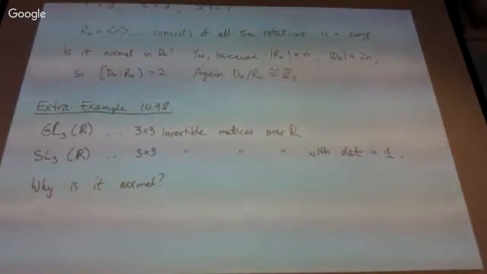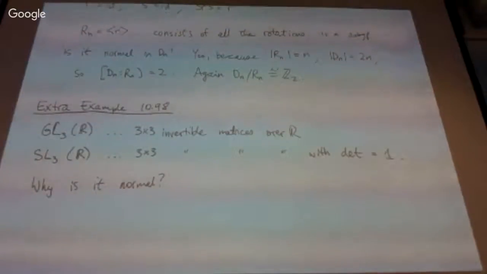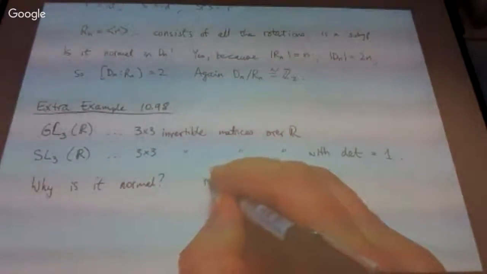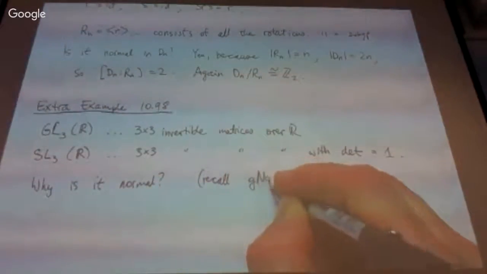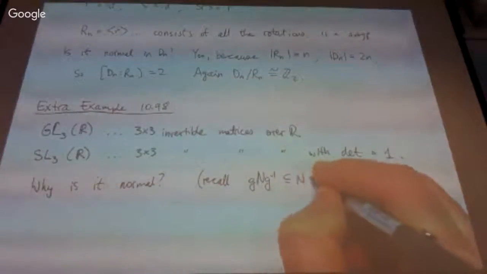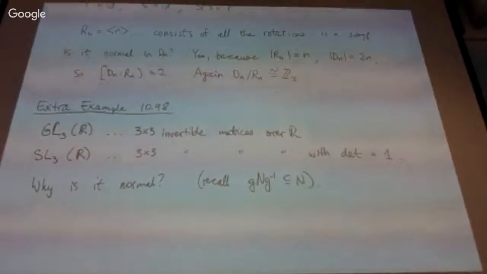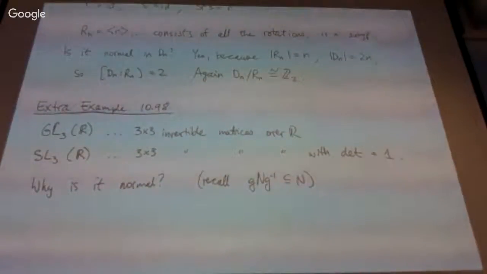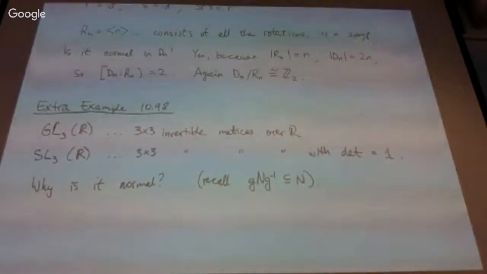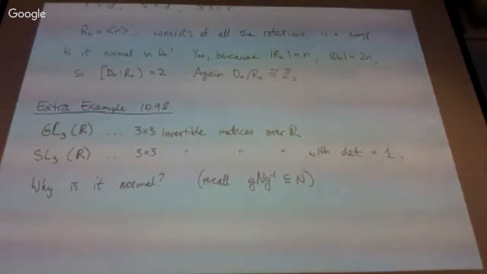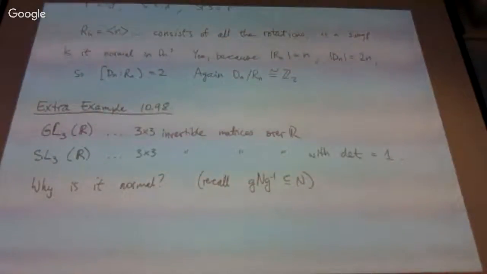One of the conditions for being normal was that if you take g n g inverse, this is supposed to be a subset of N. So N is normal if and only if for any g in the big group, g n g inverse is in N. This is condition 2 in the theorem.